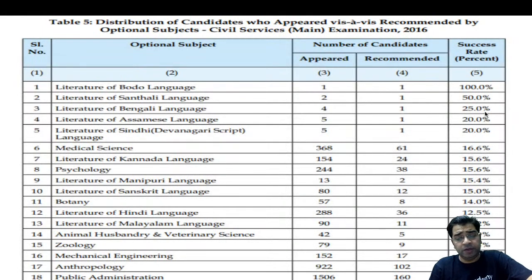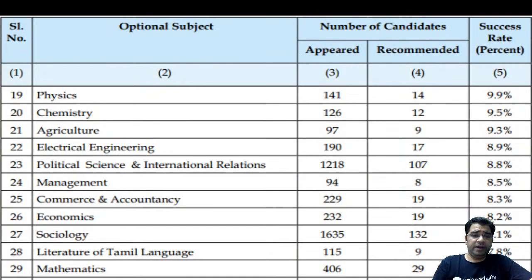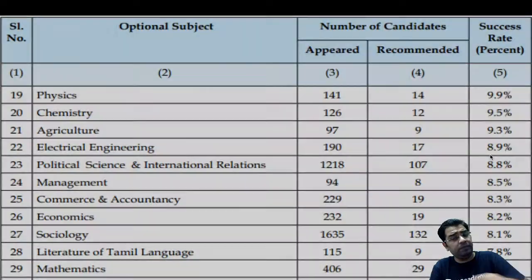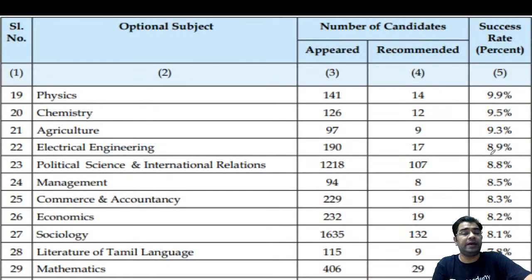This is clear. So this is the list of optionals, and this is the report published by UPSC every year. Right now we have the 2016 report. If you see over here, when it comes to PSIR, the success rate is some 8.8%. You will see that after pure science subjects, it is one of the highest success rates.